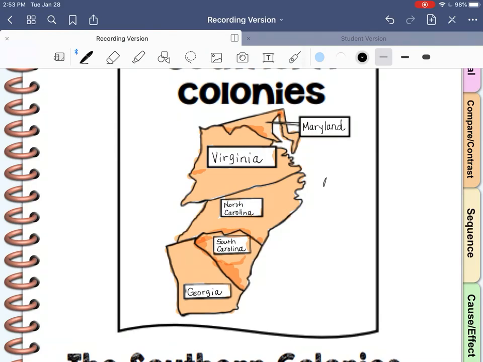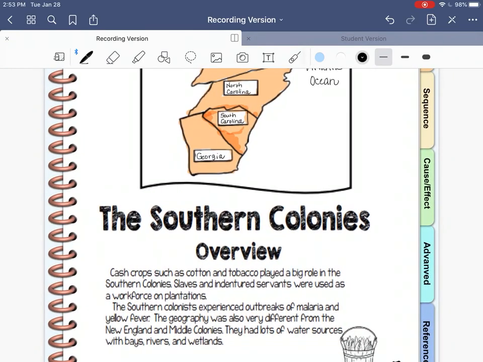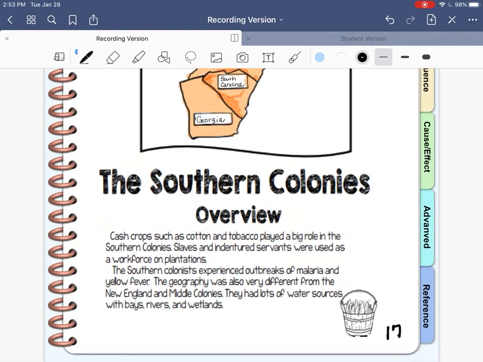Again, the Atlantic Ocean is here, just to give you some perspective. And the overview of the southern colonies says, cash crops such as cotton and tobacco played a big role in the southern colonies.